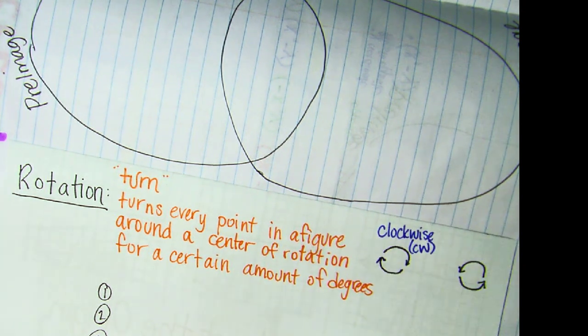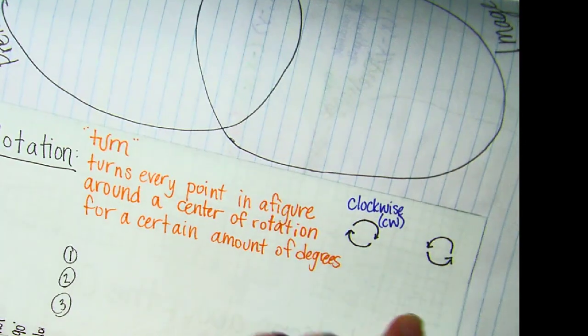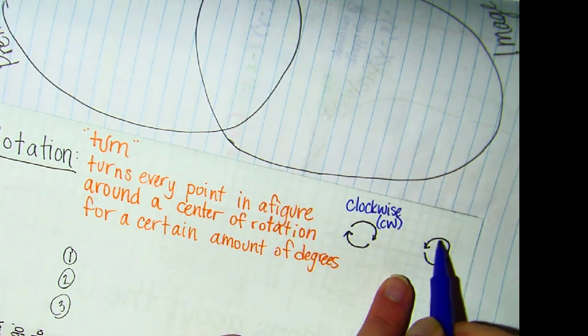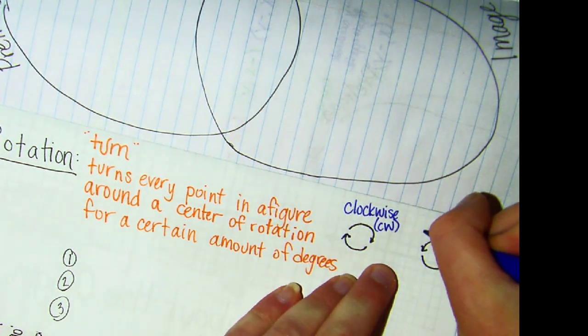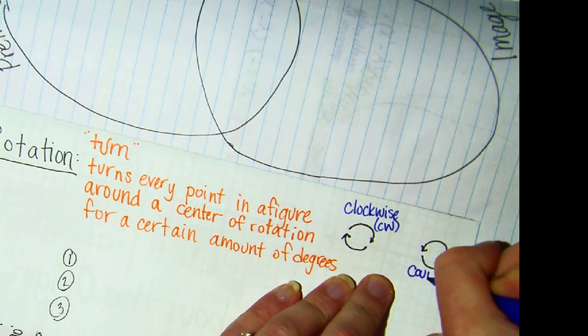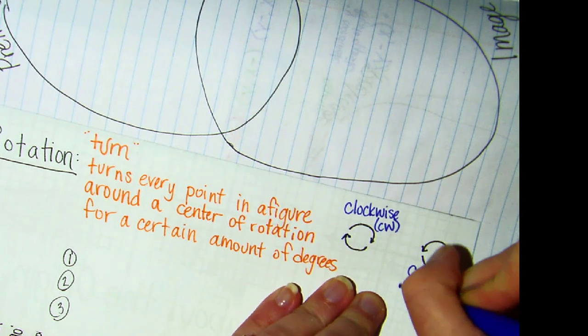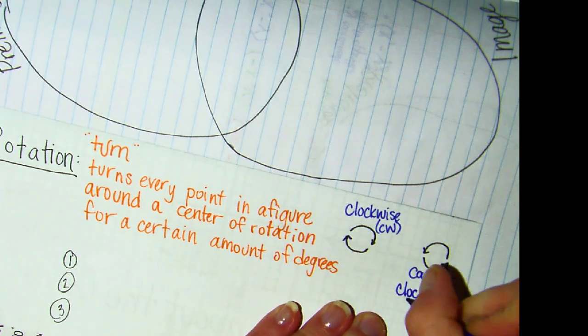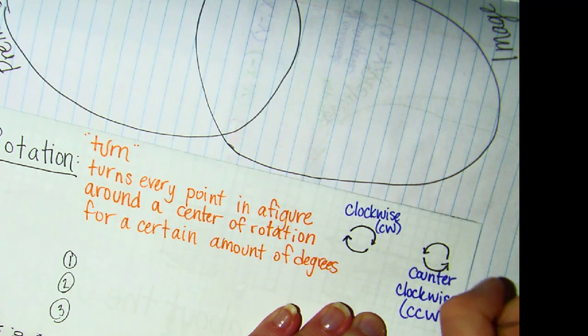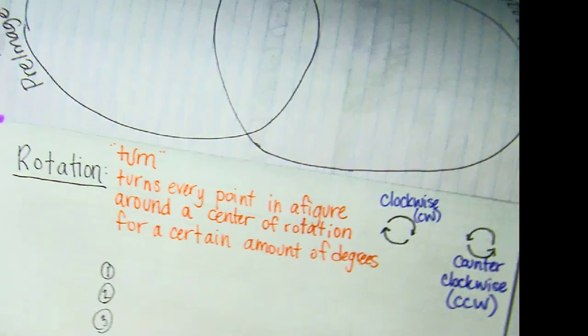So that is called clockwise. We have the other direction that goes against the way the clock hands go, and that is called counterclockwise. And we would abbreviate that CCW. And I put that in parentheses.